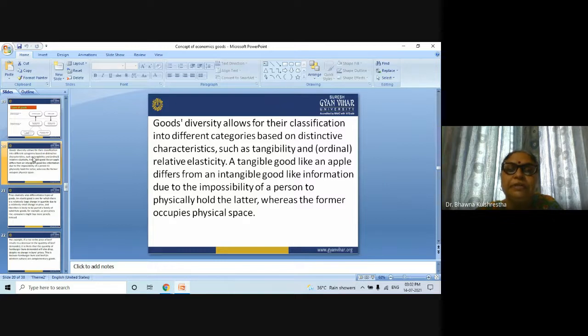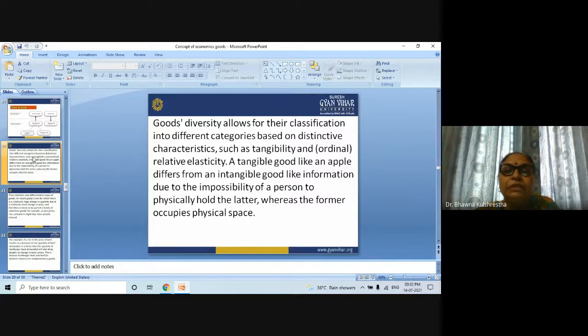A tangible good like an apple differs from an intangible good like information due to the impossibility of a person to physically hold the latter, whereas the former occupies physical space.